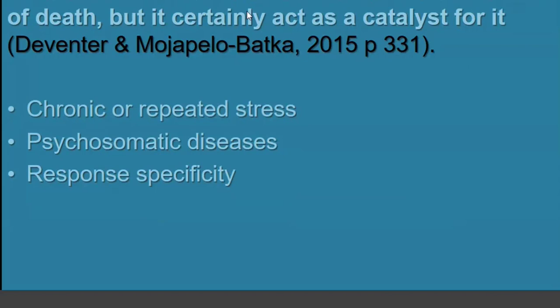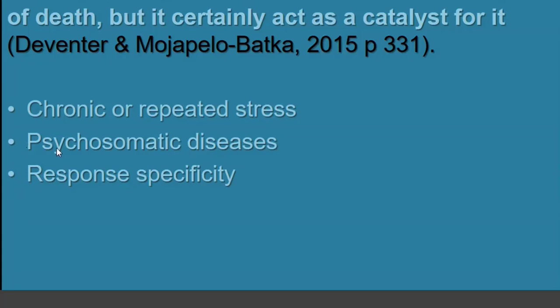Then, summing up now, the relationship between stress and health. How does stress affect your illnesses? I've given different examples. They say chronic, repeated stress, the form of stress that affects illness, is chronic stress that happens over a long period of time.